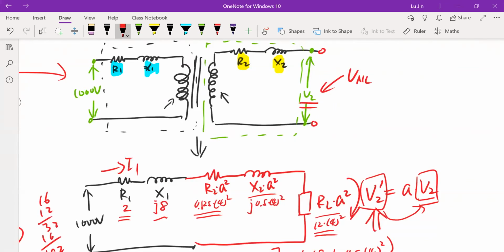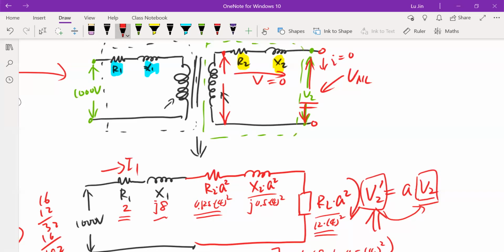Because the two terminals become open and no current can go through them, the current is equal to 0. If the current is 0, when it goes through this R2, X2, 0 times this impedance, the voltage drop is equal to 0 as well. Then this V2, the no load voltage, is equal to the voltage difference across the two output terminals of the secondary part of the transformer.